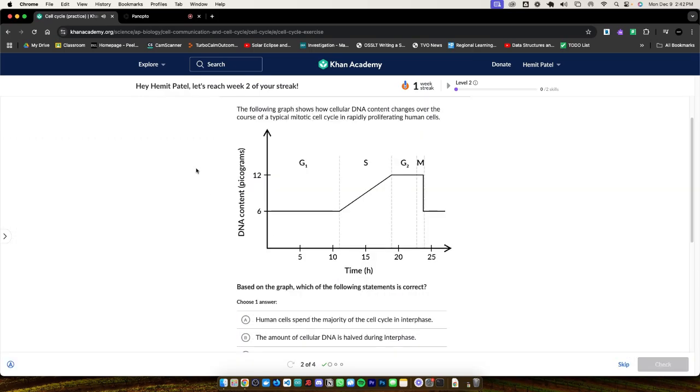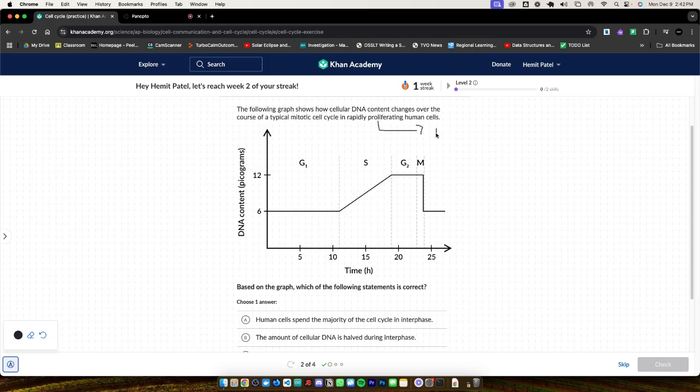Here we go. Okay. The following graph shows how cellular DNA content changes over the course of a typical mitotic cell cycle in rapidly proliferating human cells. So, proliferating, for those who don't know the vocabulary that well, that's completely fine. I get it. It just means increasing rapidly. All right, so just increasing a lot.